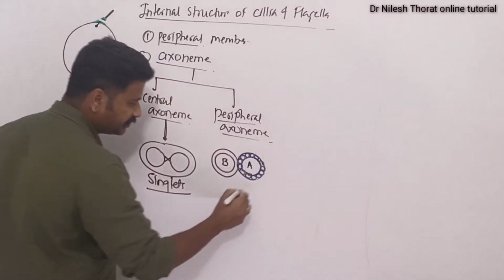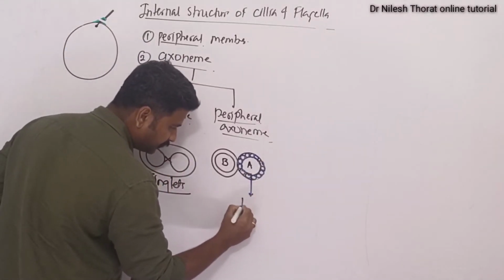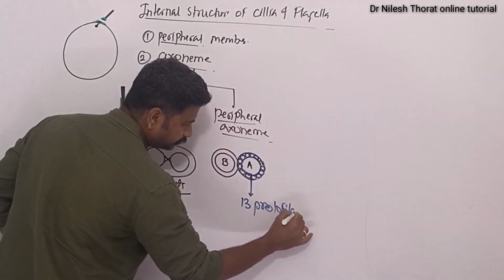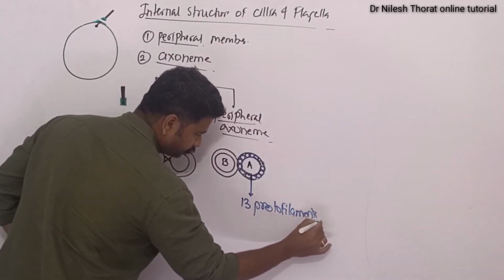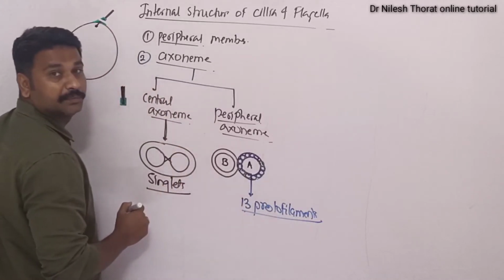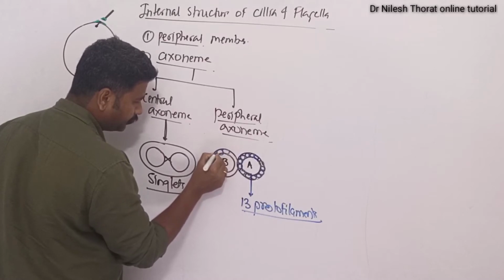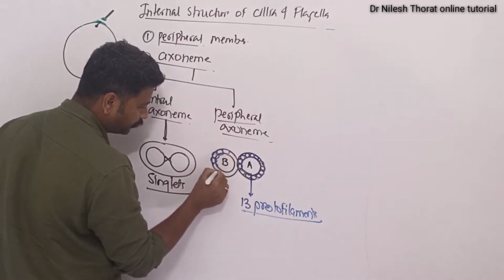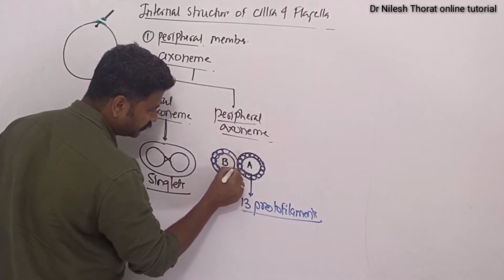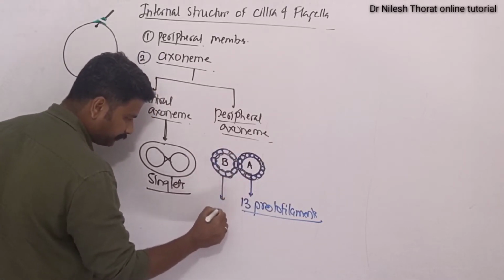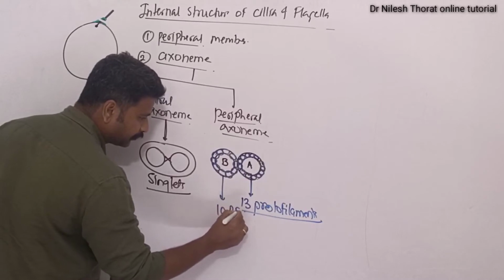So the A tube is made up of 13 protofilaments. And the B tube is made up of 10 protofilaments: 1, 2, 3, 4, 5, 6, 7, 8, 9 and 10. So that will have 10 protofilaments.